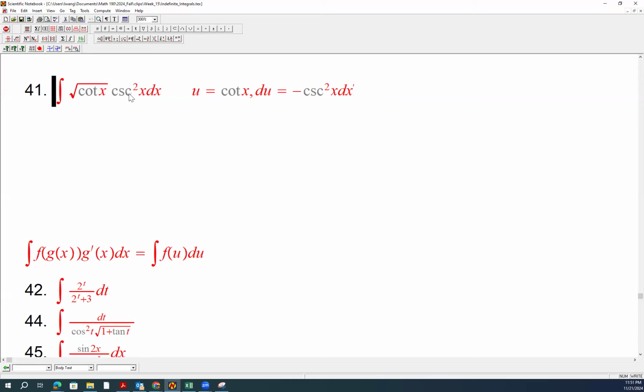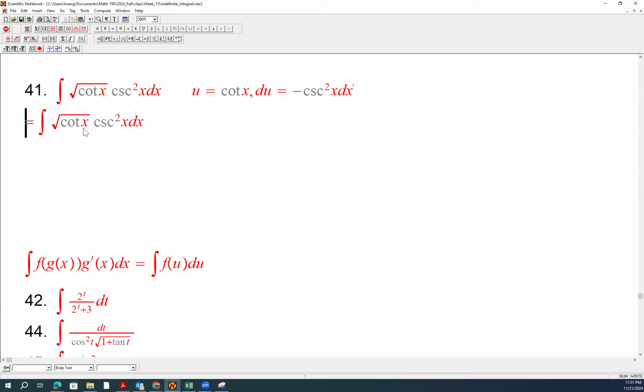All right, so then algebraically, we have to be very careful, because there's a negative sign there, okay? So cosecant squared x dx is negative du. So this is going to be replaced by negative du. Okay, and if you like, bring the negative sign to the front, and you can do this. All right.